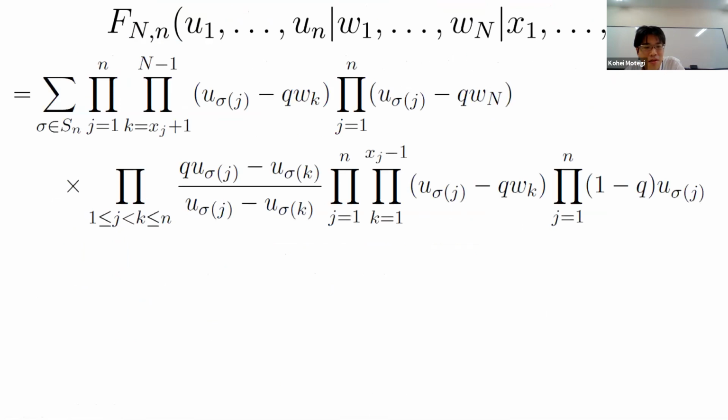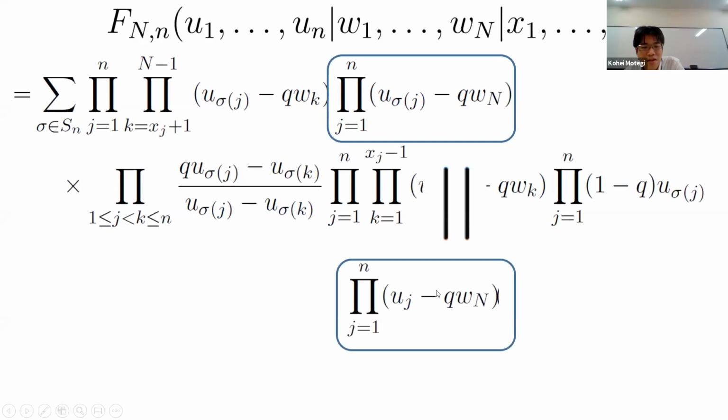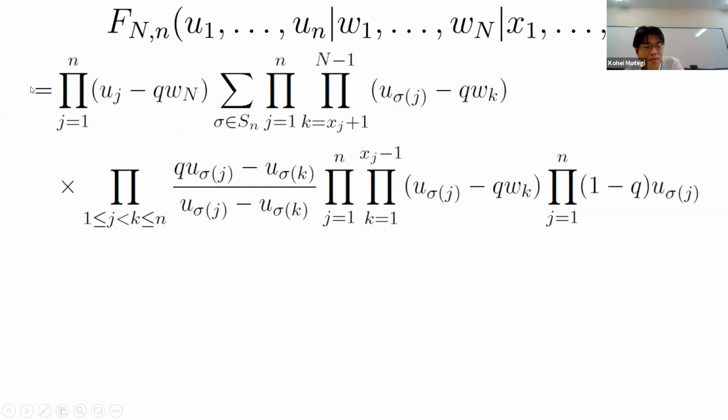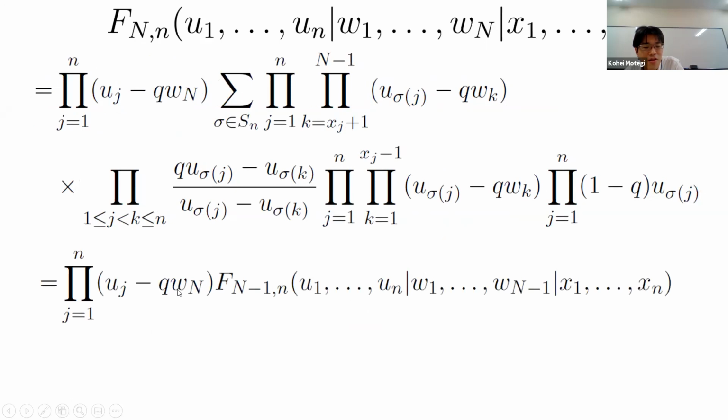Then actually this factor does not depend on the product. This product does not depend on sigma actually. So you can rewrite this like this. Okay, so you can pull this factor in front of this sum. And then you can see that this part is actually this multivariable polynomial.